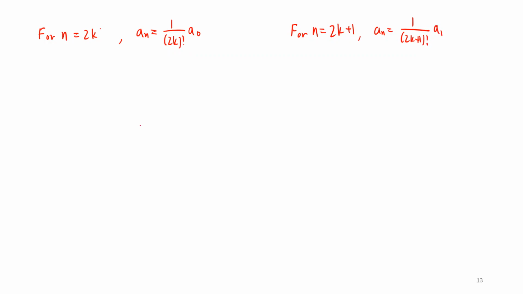And as a result, you have again two series. The general solution is the linear combination of your 2 series. So I have y of x equals a naught times this series over here, this is for all the even terms, and then plus a1 times the other series.